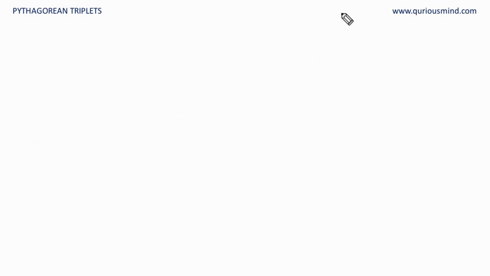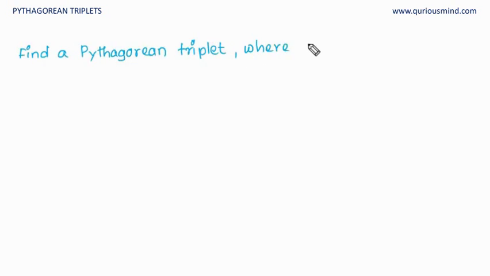Let's see the first example. Find a Pythagorean triplet where 8 is the smallest number. Okay, so we know that 2m, m square minus 1 and m square plus 1 are the Pythagorean triplets.